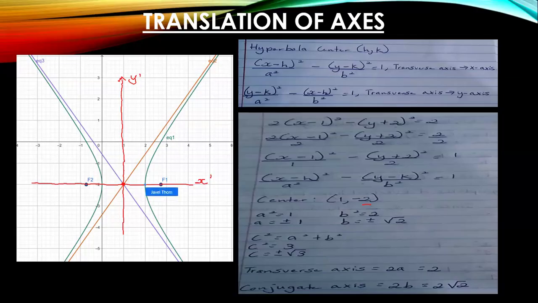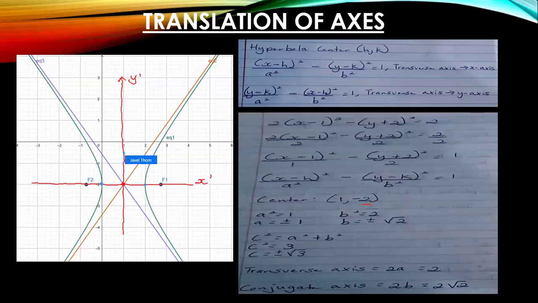So we locate our points there, and now we're going to locate our points for b. It is plus or minus root 2, which is approximately 1.4. So 1 and 0.4 should be approximately here.